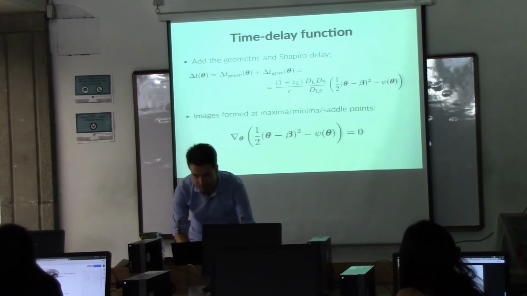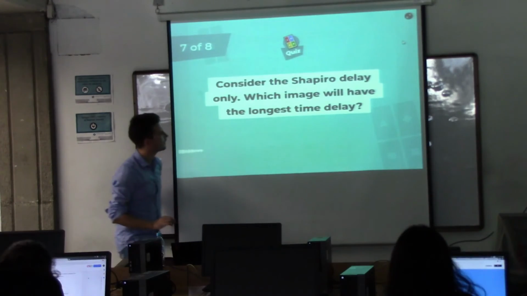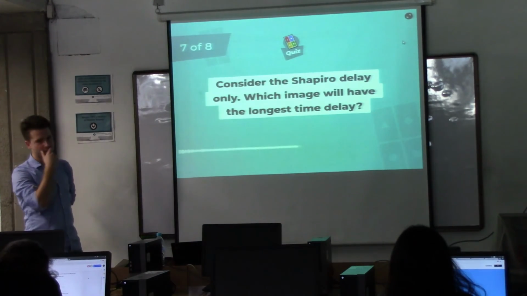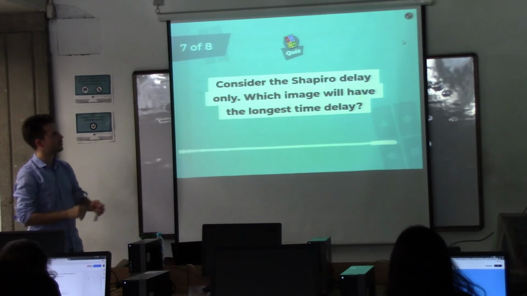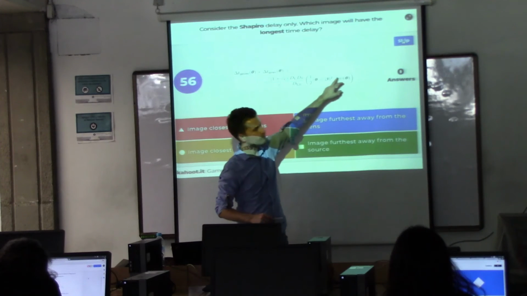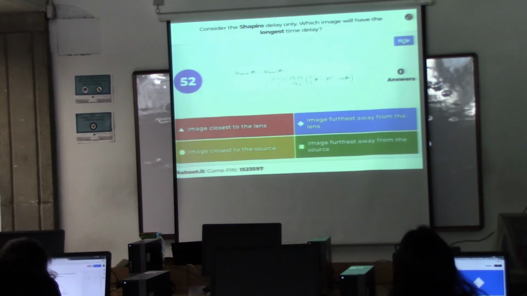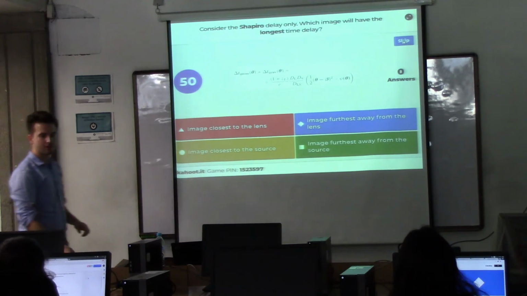I'd like you to go to the Kahoot now, because I think the question is up there. So consider the Shapiro time delay, which is the gravitational time delay. So this is the second part of this equation. Where is it going to be the longest?